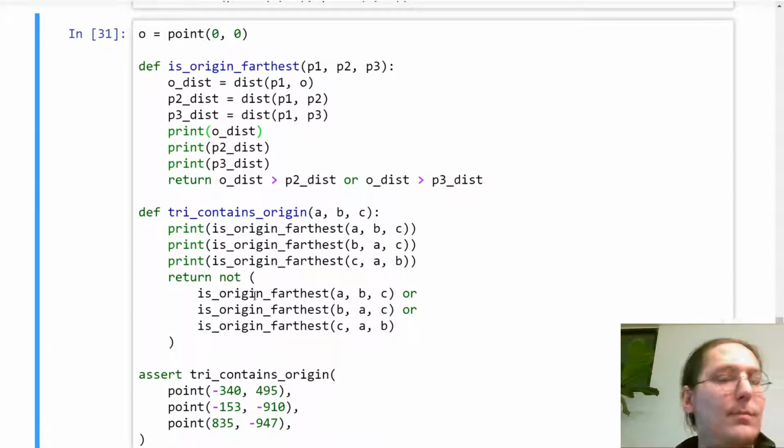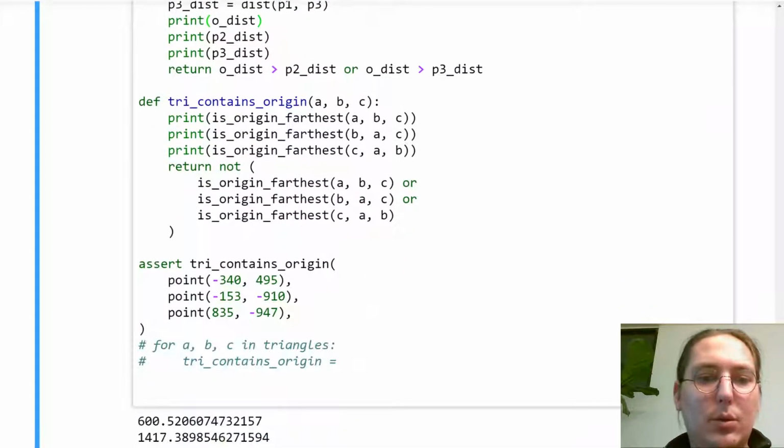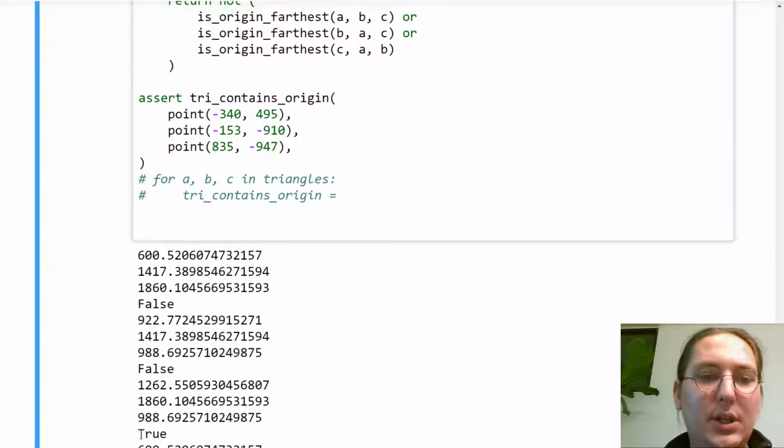So the point C is supposedly further away. So this is the distance to the origin, and this is the distance to point B. No, to point A.